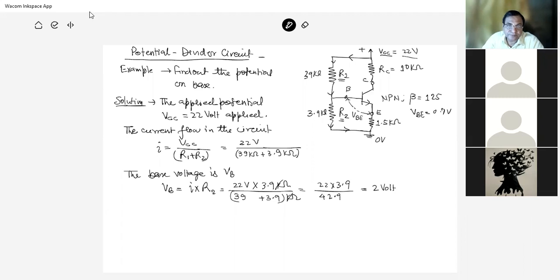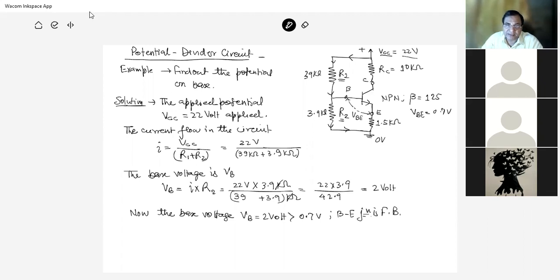Now the base voltage VB is equal to 2 volt, which is greater than 0.7 volt, and that's why the base emitter junction is forward bias.